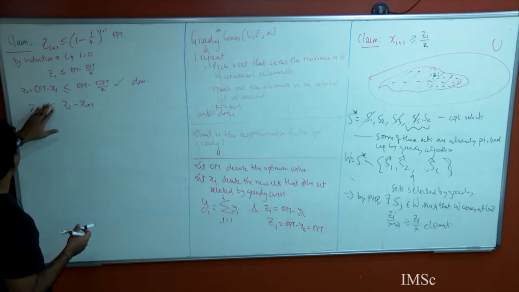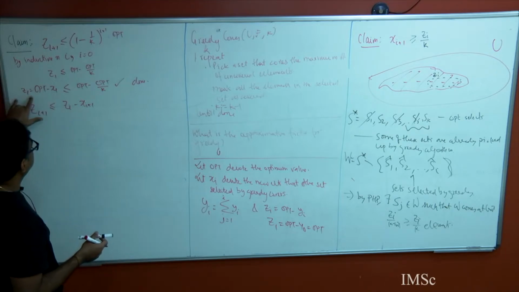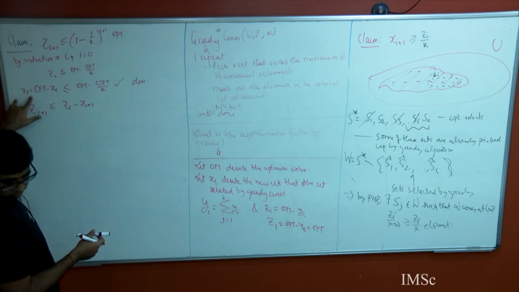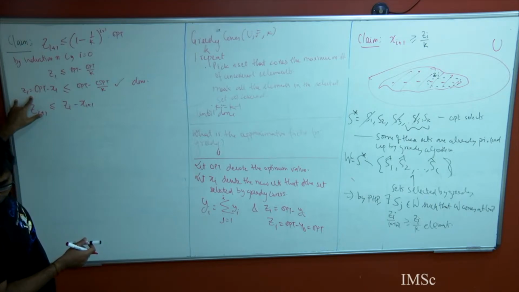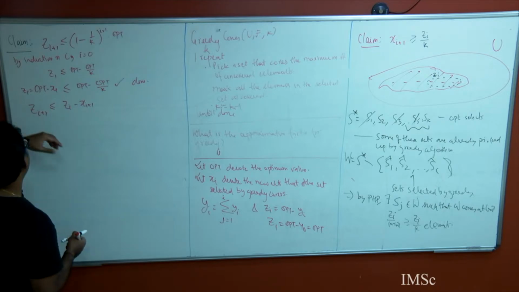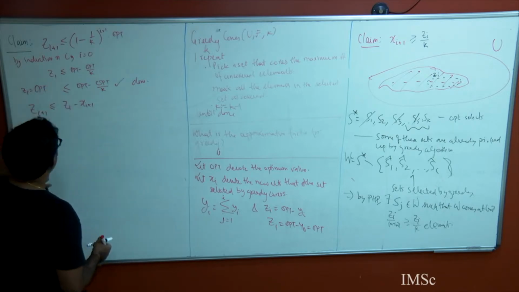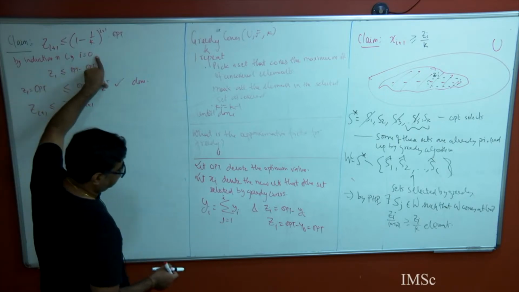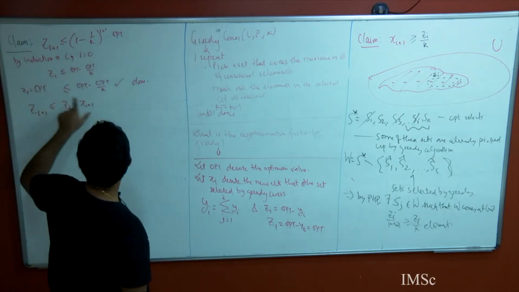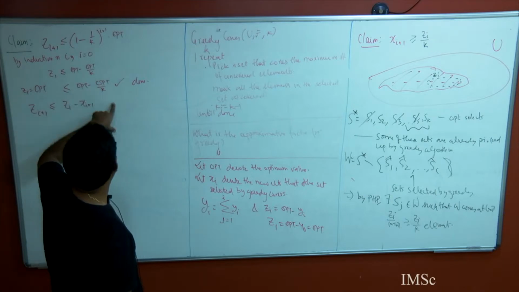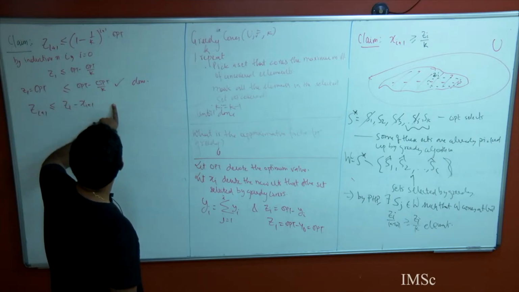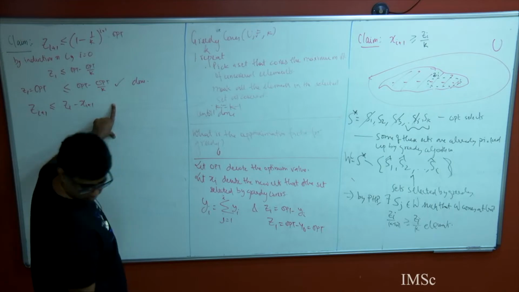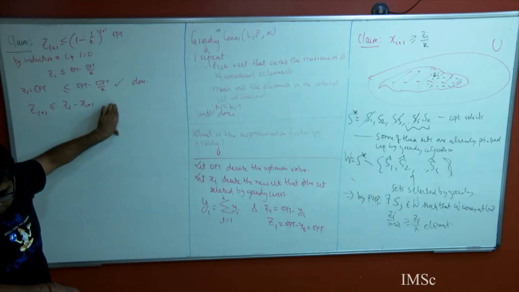So there is nothing to prove here, no? Okay, you are right. So Z1 is equal to what? If I put i equal to 0, Z1 is opt minus Y0, which is opt, which is definitely less than or equal to. What should we do?